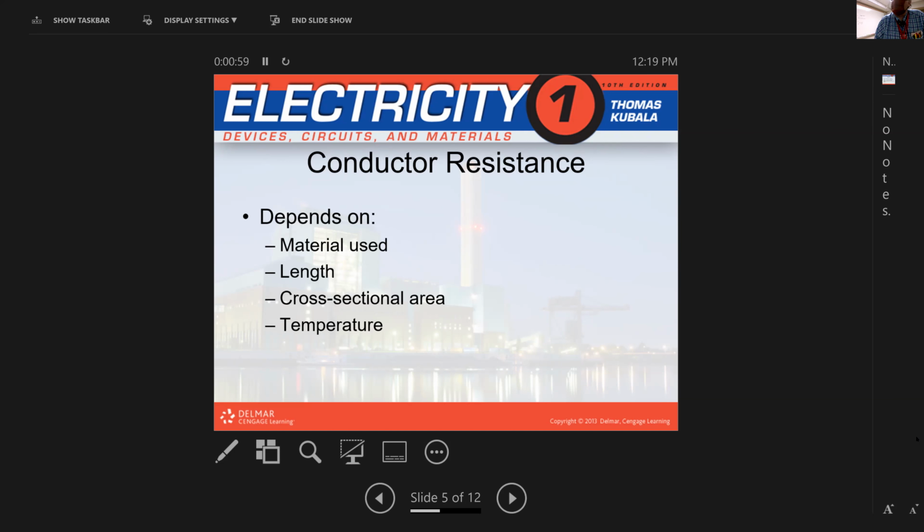And then the cross-sectional area. The cross-sectional area of the wire is what you see when you slice the wire and look at the strands in there, if it's stranded wire. The bigger that cross-sectional area gets, the lower the resistance, because it's like a big pipeline.